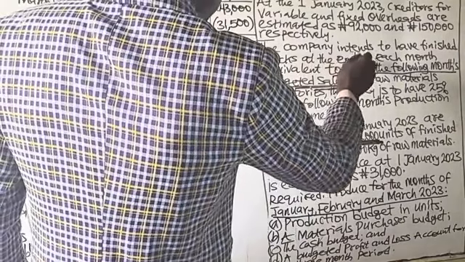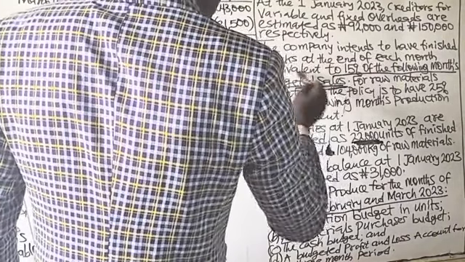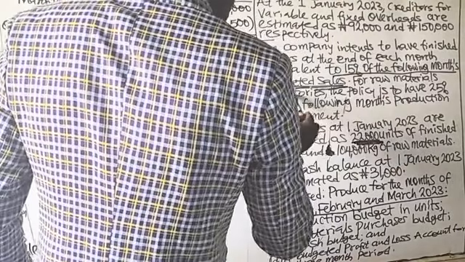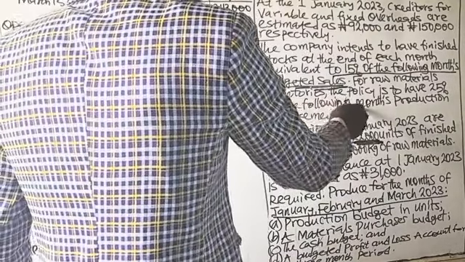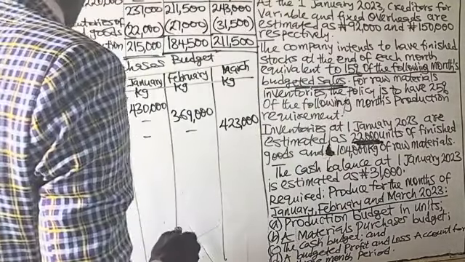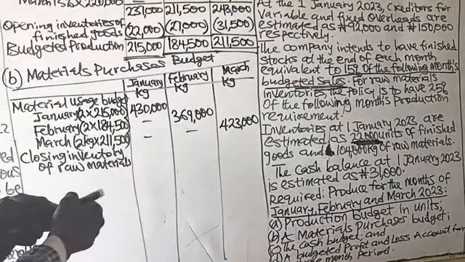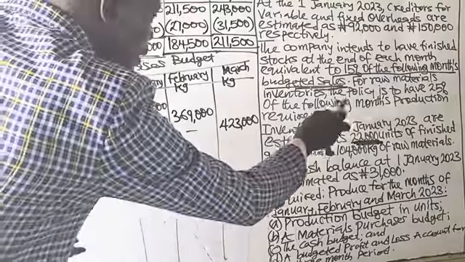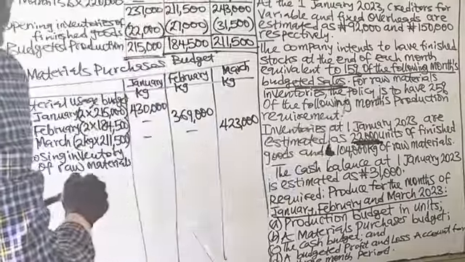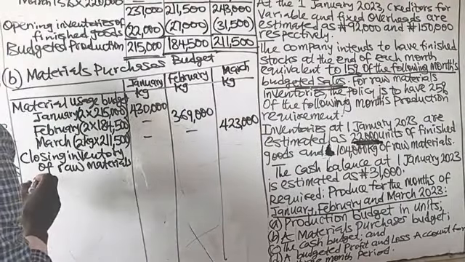That means they are talking about closing stocks here. For raw materials inventories, the policy is to have 25% of the following month's production requirements. What is required for production in the following month? 25% of it will be held as inventory.